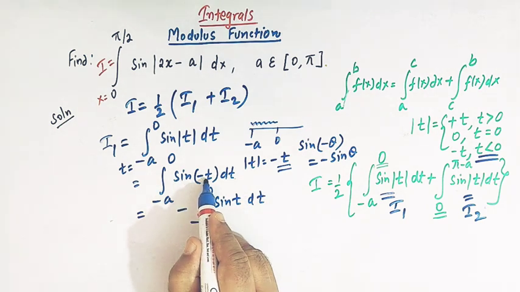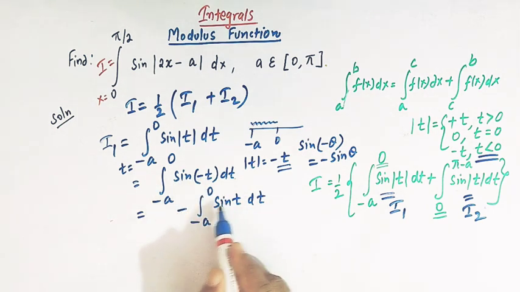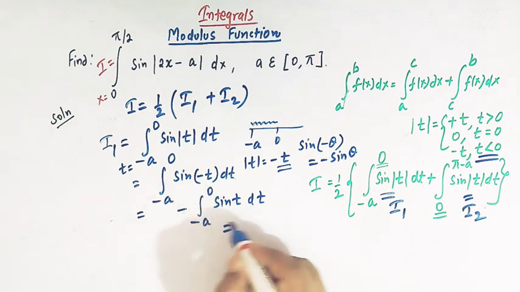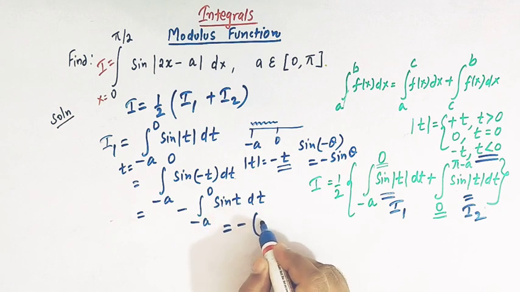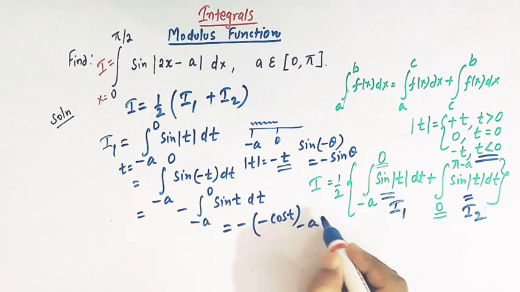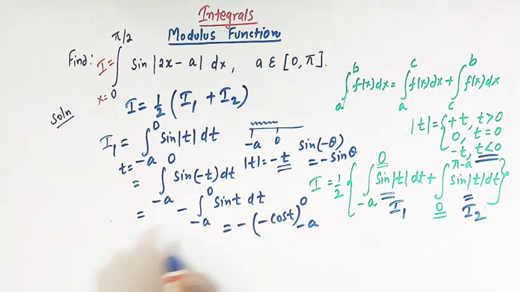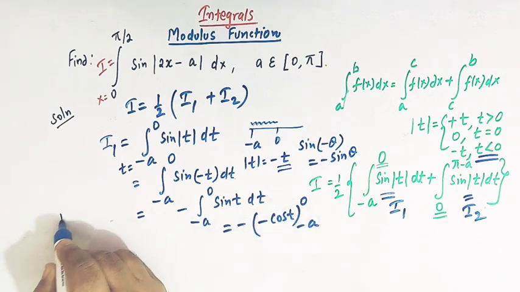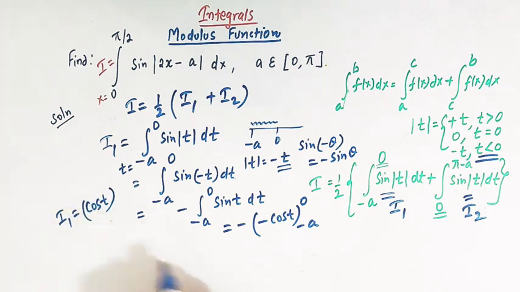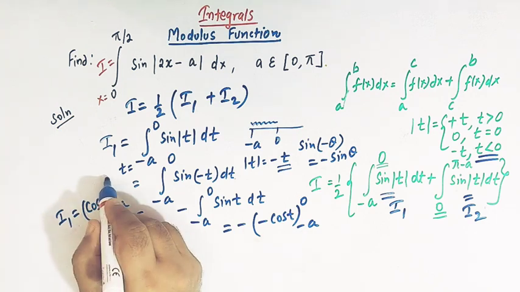So sine of minus t is minus sine t, and taking this negative sign outside the integral. Now integral of sine t is minus cos of t, right? And the limits are from minus a to 0. So this negative and this negative becomes positive. So we have cos of t, and the limits are from minus a to 0.